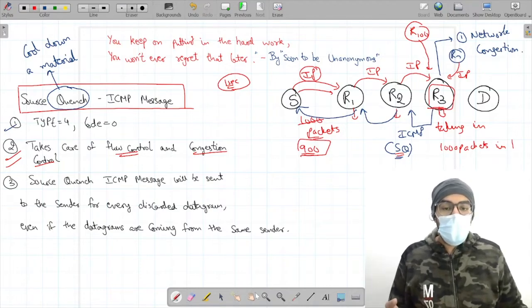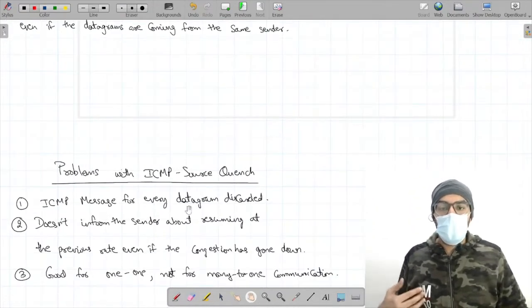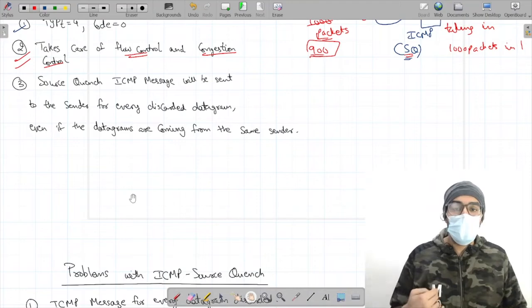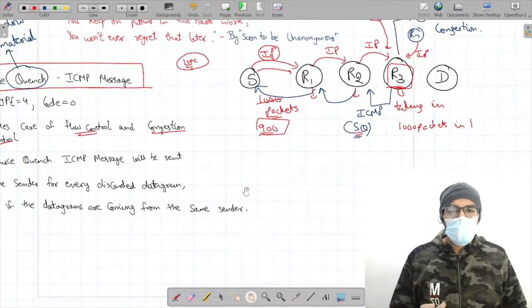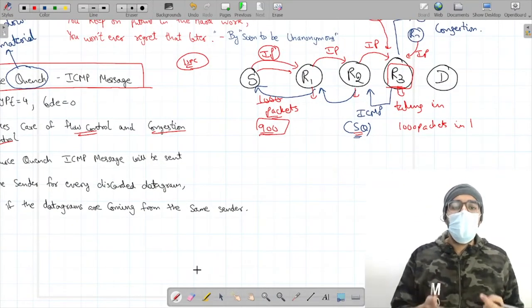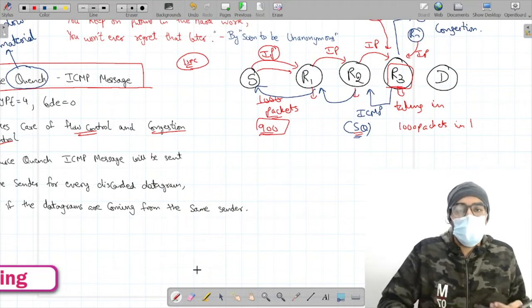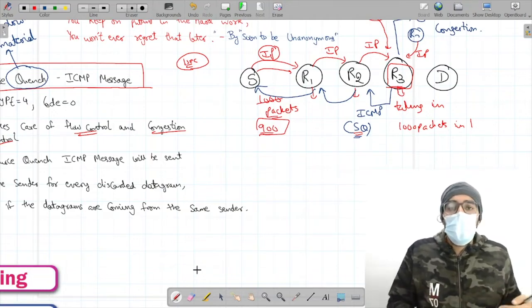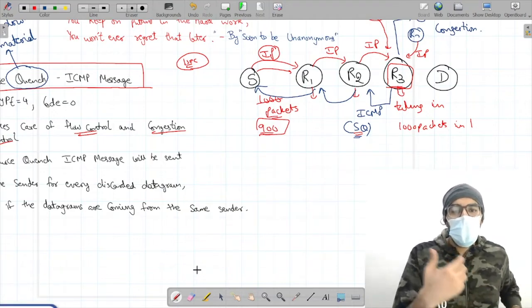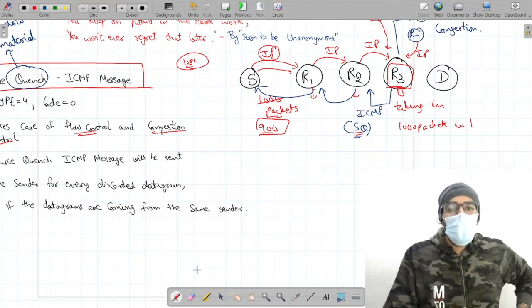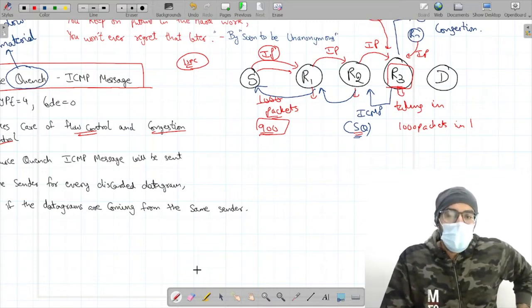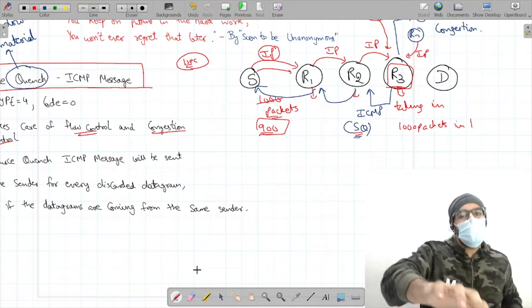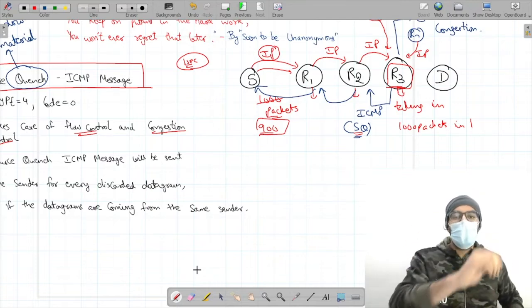This is a shortcoming. I have written the problems with the source quench message. The reason for this shortcoming is that instead of sending 200 ICMP source quench messages, the router R3 could have sent just one message telling the sender S that you need to source quench. You need to cool down, bro. You need to slow down the pace of your packets, bro.